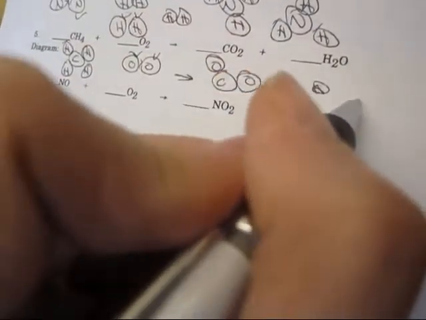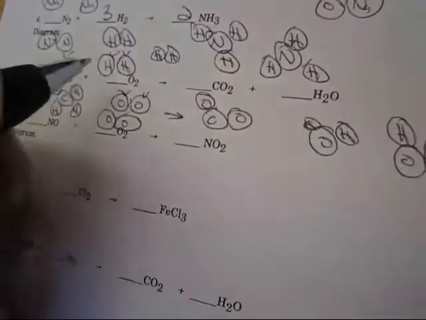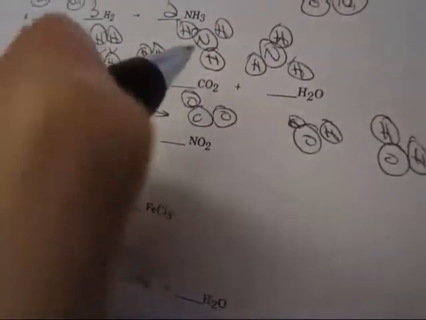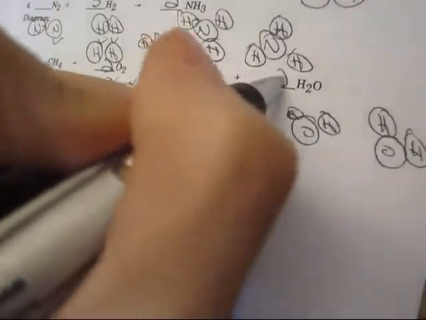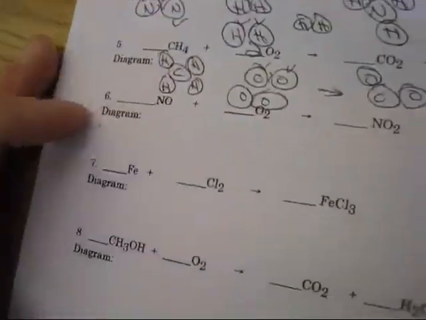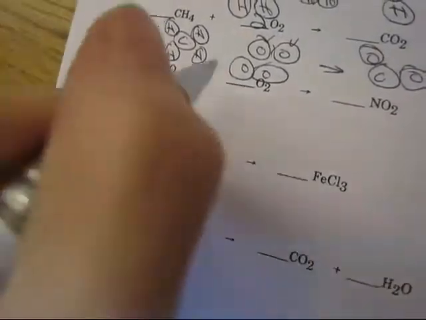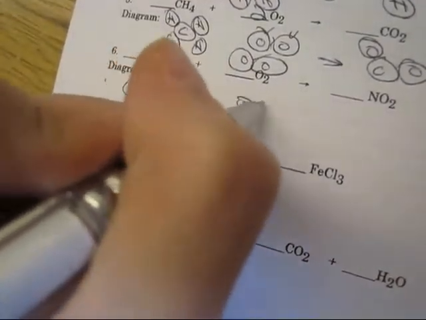So what I'm missing are oxygens. I need another one of these oxygen particles. So, right, I need 2 of these to make 1 of these and 2 of these. And we don't generally put a 1 when there's just 1 of them. Okay, and this is O2.